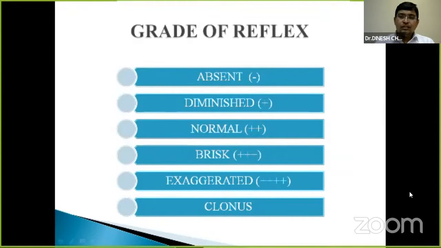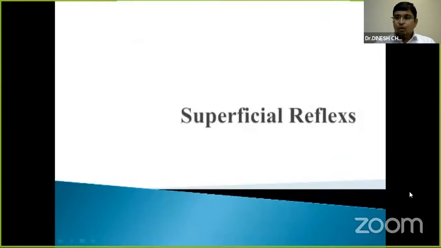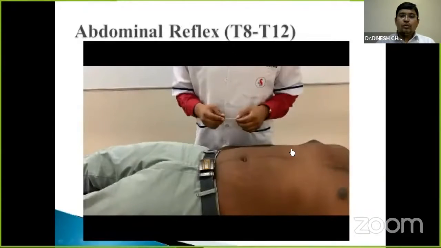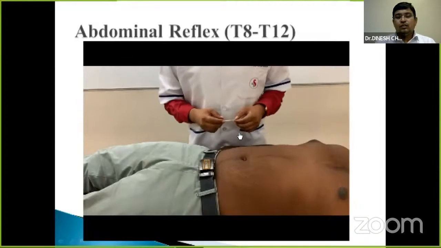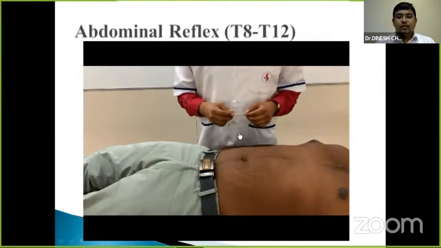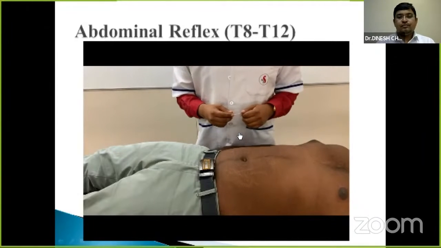So now we'll see superficial reflexes, how to elicit them. First the abdominal reflex; the root value is T10 to T12. We'll see the examination of the abdominal reflex.